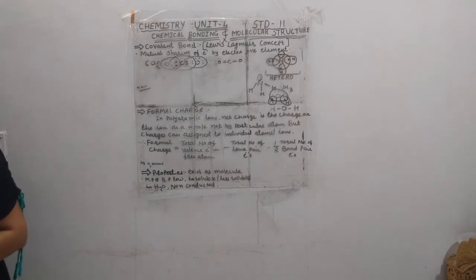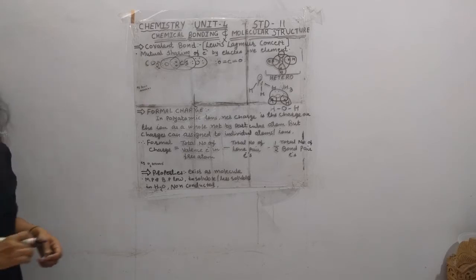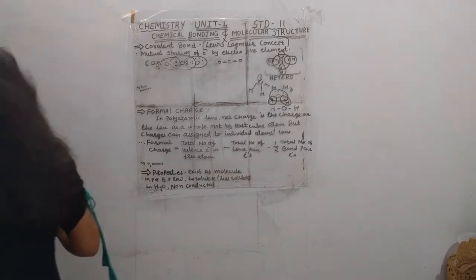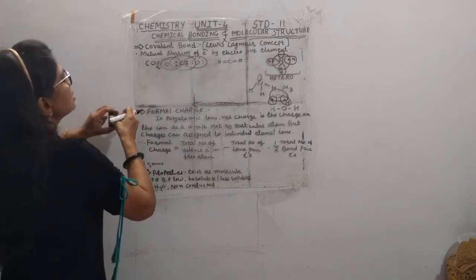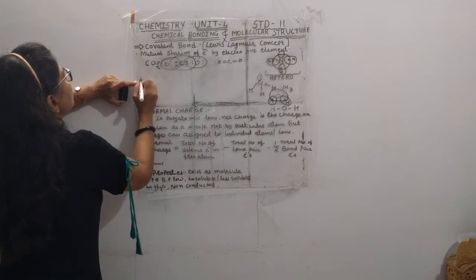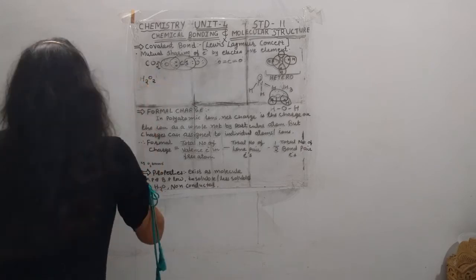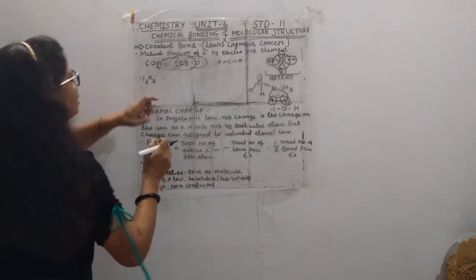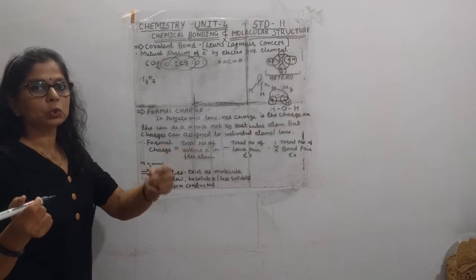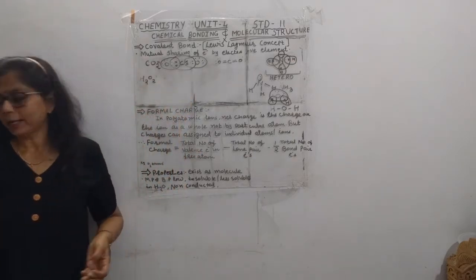One more example I am just giving you, student. The same way we can take the example of H2O2, hydrogen peroxide. We'll take the example of H2O2. Now here, student, as you know, H2O2 means 2 hydrogen and 2 oxygen. So we'll take the OH bond. Correct, student?